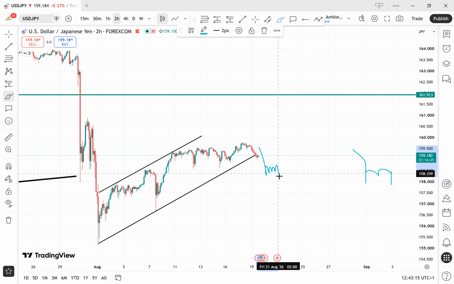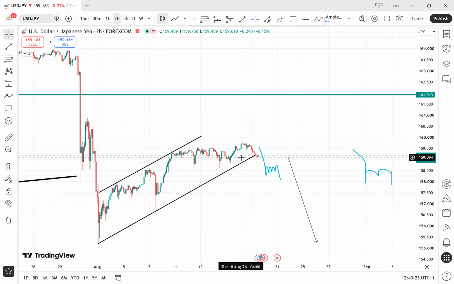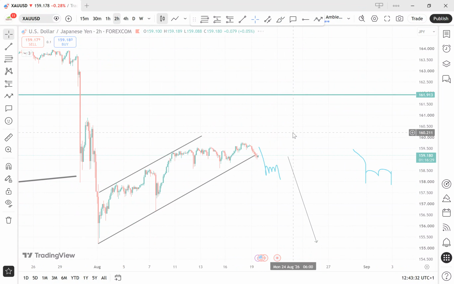Then see if the price will push down to this low, or rally down to the base of the higher time frame structure on the USD JPY.